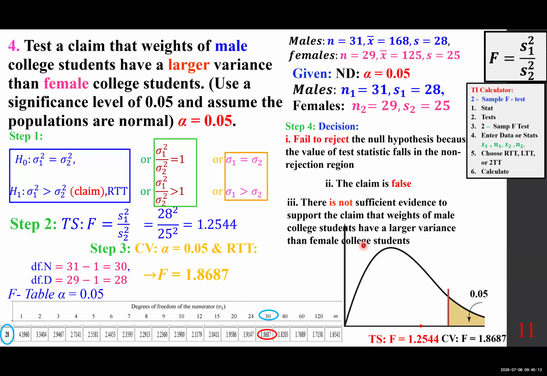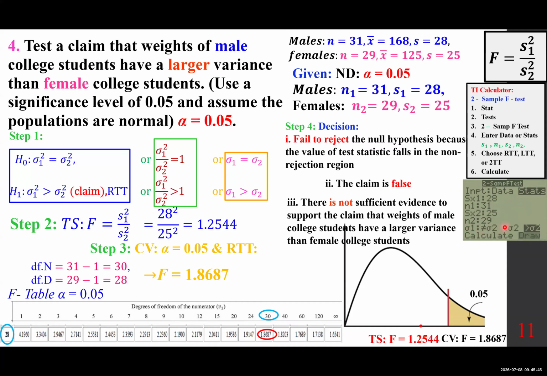Now, let's look at the calculator part, everybody. Two sample F test and plug in the values. Take a look. Two sample F test. S1 is 28, N1 is 31. S2 is 25, N2 is 29. Sigma 1 is not equal to sigma 2. Notice they are looking at sigma 1.